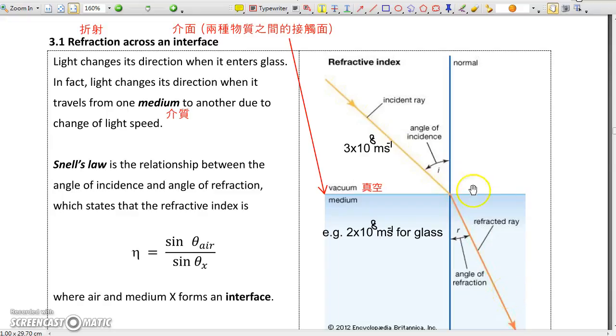The relationship between the angle of incidence and the angle of refraction is given by Snell's law, which looks like this. By using Snell's law, you will be able to find the angle of refraction for a given medium, such as glass.